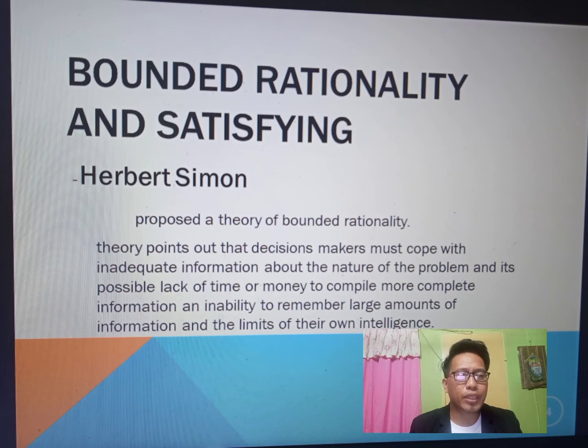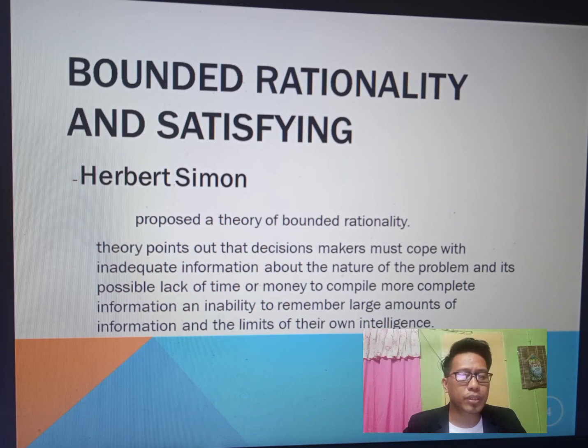This theory points out that decision makers must cope with inadequate information about the nature of the problem and its possible lack of time or money to compile more complete information, and inability to remember large amounts of information and the limits of their own intelligence. Instead of searching for the perfect or ideal decision, managers frequently settle for one that will adequately serve their purposes.